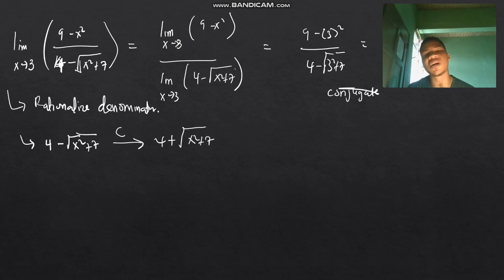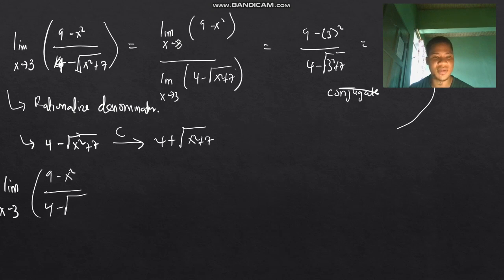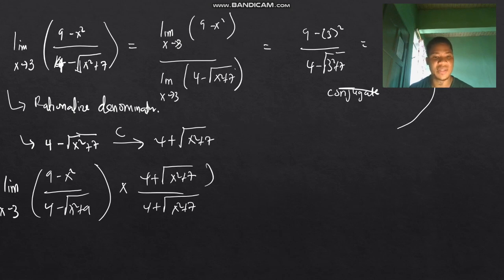If you want to know more about how to find conjugates, you should refer back to our earlier videos. I'll add a link here at the top for you, so go and look at that. Now, if you find a conjugate, you're going to multiply. We have the limit as x approaches 3 of 9 minus x squared over 4 minus the square root of x squared plus 7. We multiply the top and divide by the same thing, the conjugate.